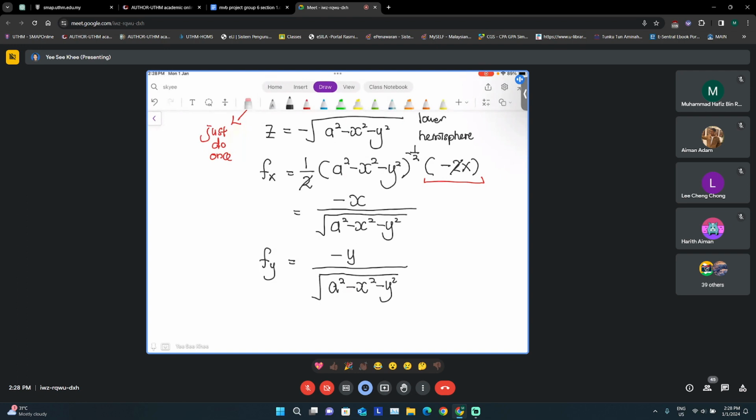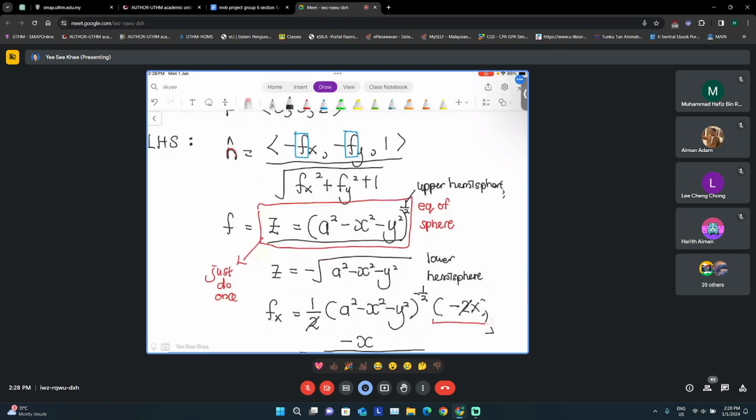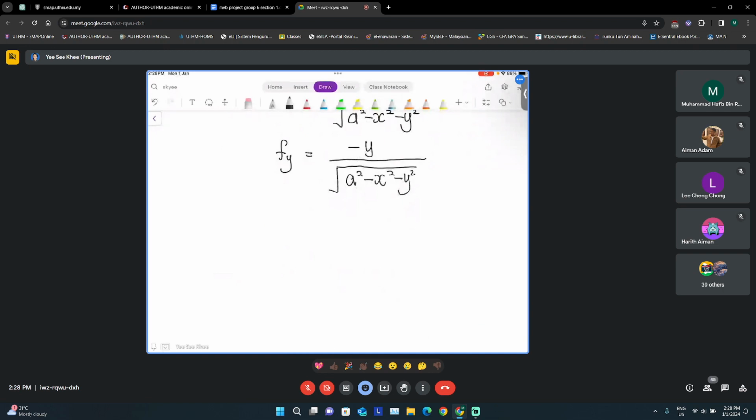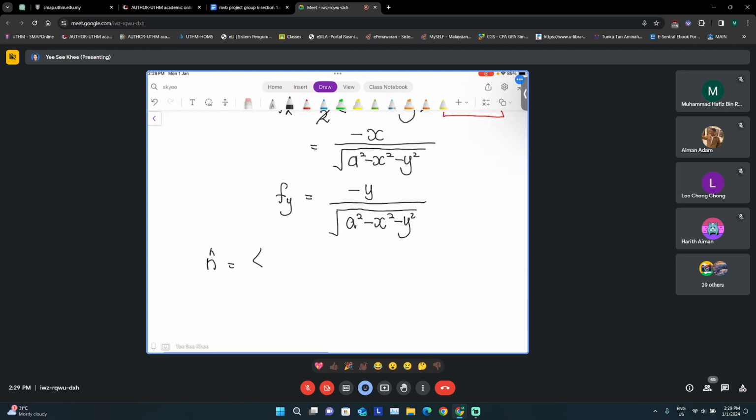So the next step is to replace it into the equation of the unit normal vector. We put it inside. Remember we have a negative, so plus the negative here, you will get positive.